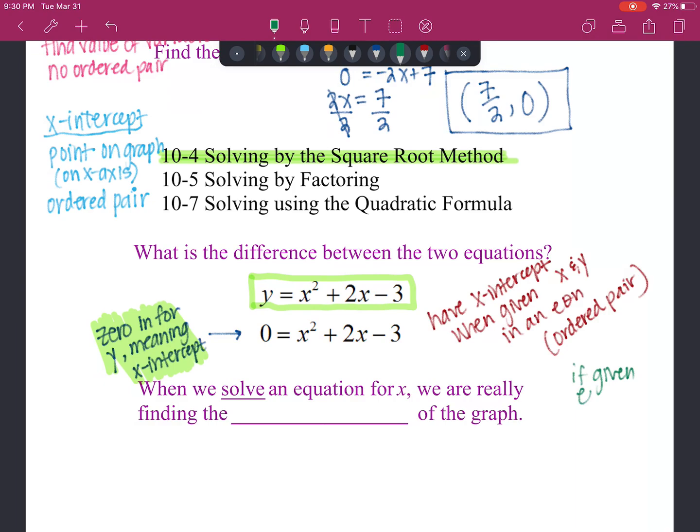But if given an equation with just x, with only one variable, then we solve and get x equals some number.